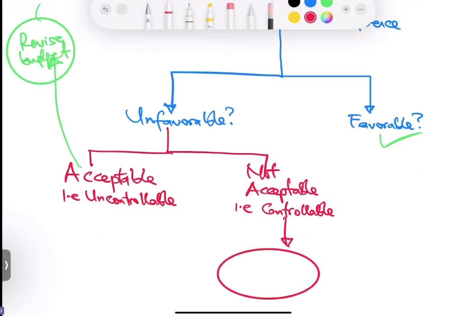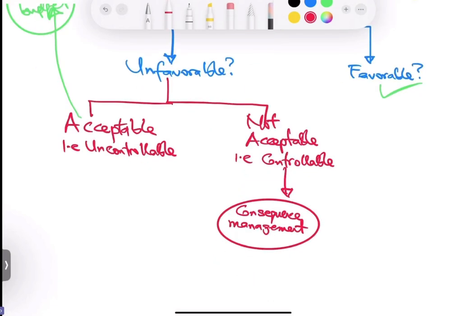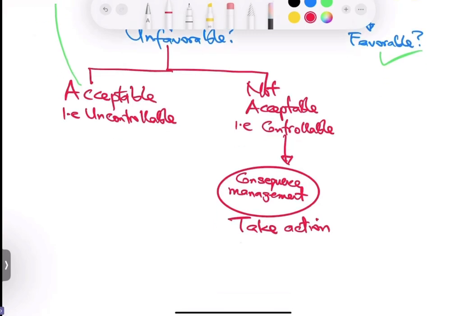So here, there has to be consequence management because for every action, there must be a reaction. So if you have to be punished, you will be punished. If you have to be trained, you'll be trained. But what is important is just that there has to be an action. We have to take action to make sure that people sit up and do what they have to do.